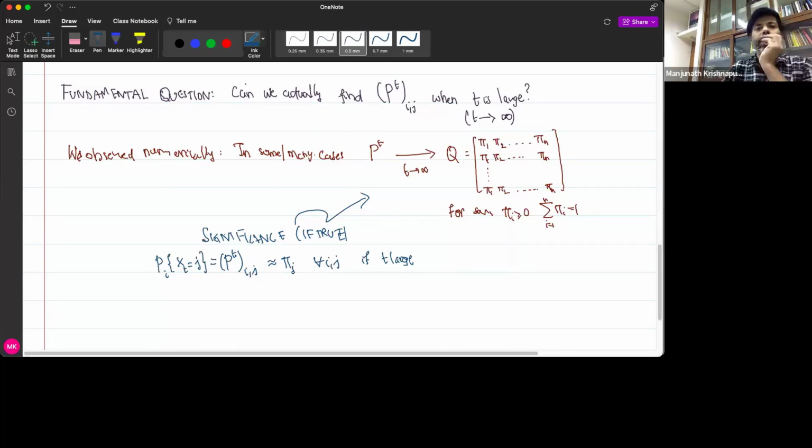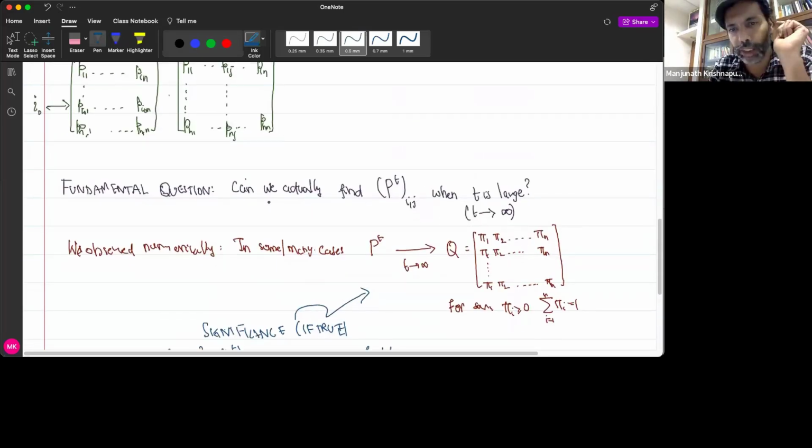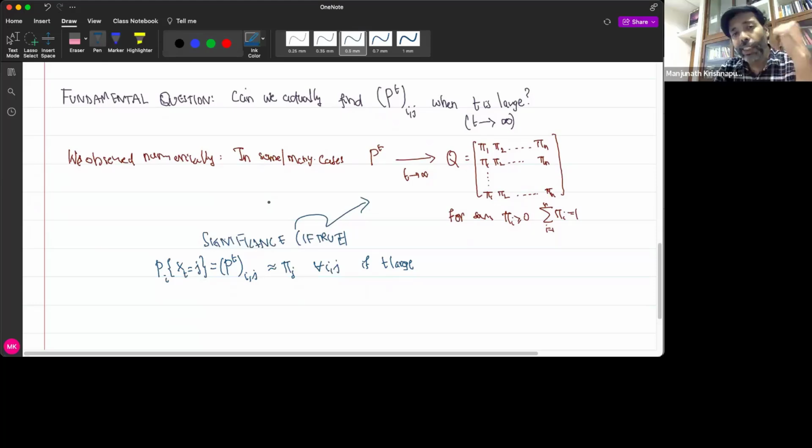That means we will have obtained a very good answer to this question: after a large time, the probability to be in various locations doesn't depend on where you start. The right side does not depend on i at all. That's what it means to say all rows are the same. So irrespective of where you start, you will be in these states with certain probabilities pi_j.